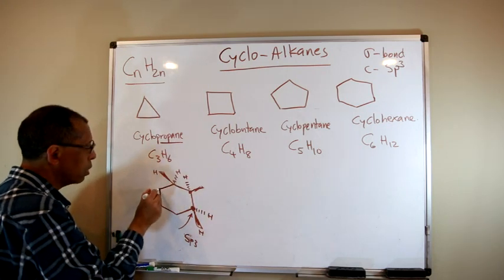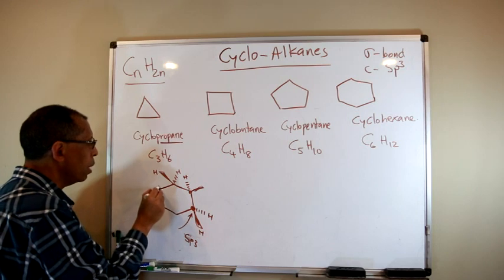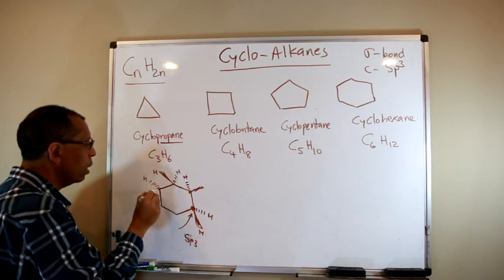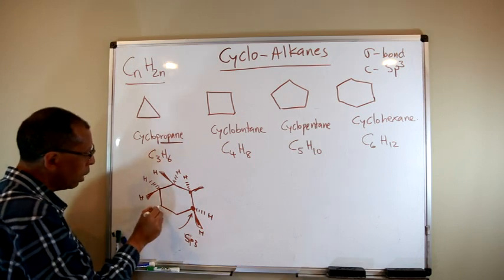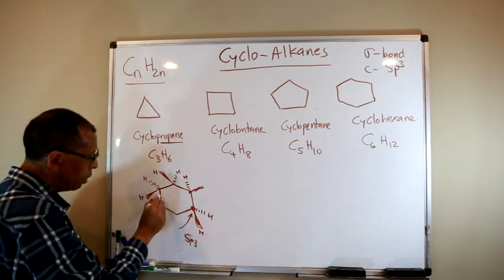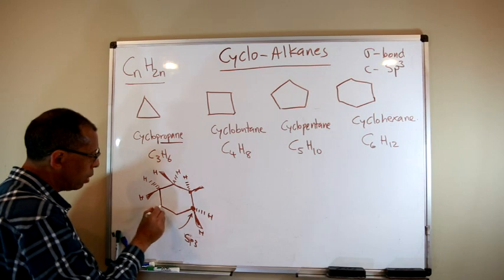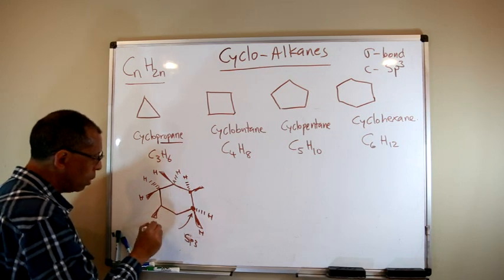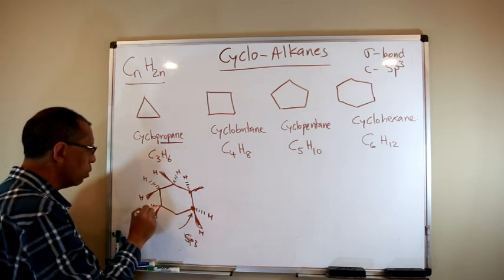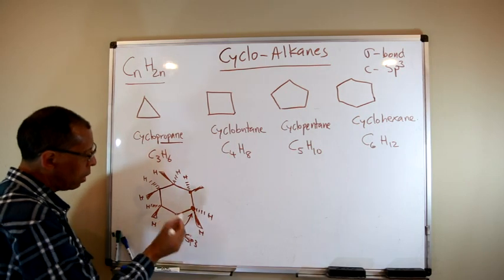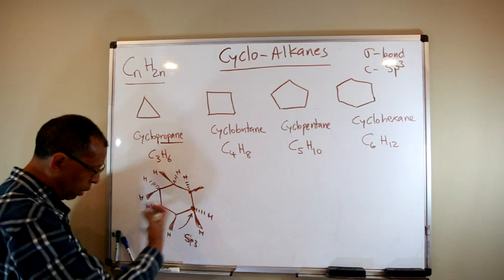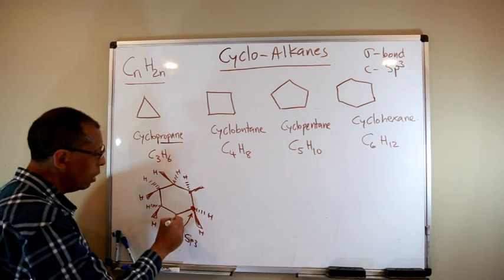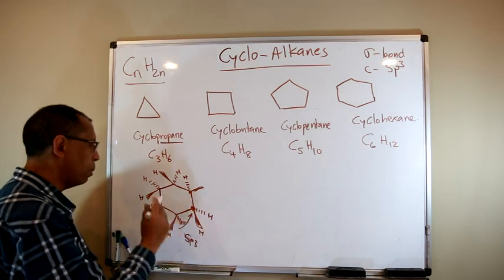One hydrogen in this case would be into the plane of the board and another hydrogen coming out. Here again, if this and this are on the plane of the board, one hydrogen is out and the other is into the plane of the board. Here as well, one hydrogen is out of the plane of the board, and one is into the plane of the board.